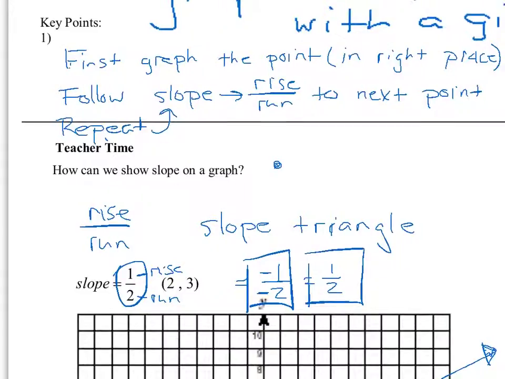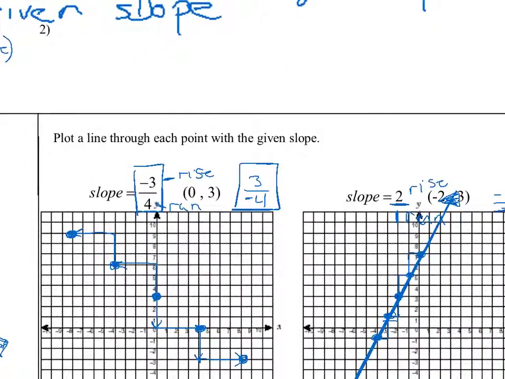Key point number 2. Kyrie. Calm down. Change the slope.